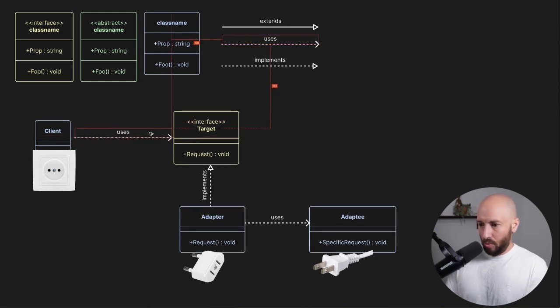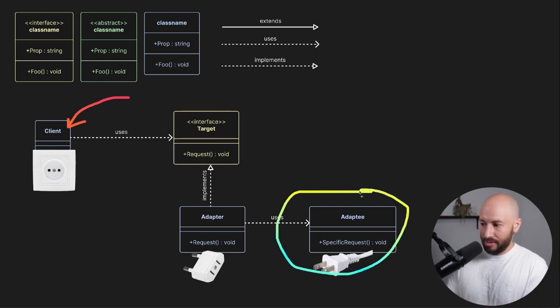So overall, what we have is the following. We have the client, and the client in the end wants to interact with some adaptee. To interact with this adaptee, in runtime, it goes ahead and uses the adapter. Now, it's not interacting directly with the concrete adapter, but instead it interacts with some interface which has the method that it needs to interact with. And this is implemented in the adapter.